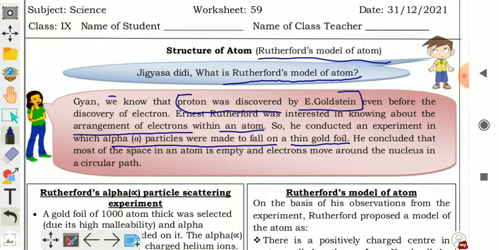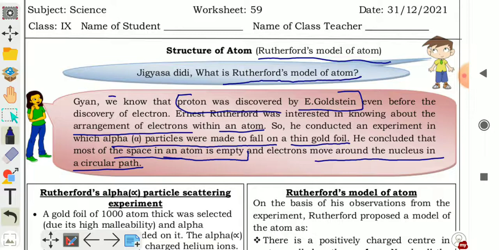He concluded that most of the space in an atom is empty and electrons move around the nucleus in a circular path. Ernest Rutherford concluded these 2 points.